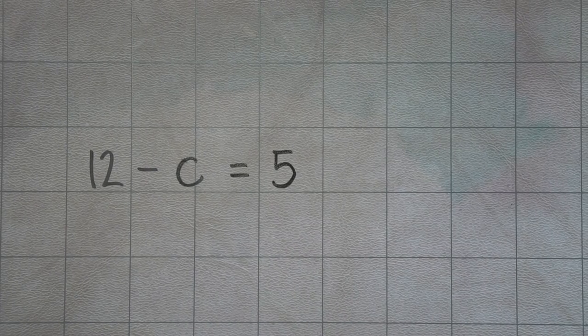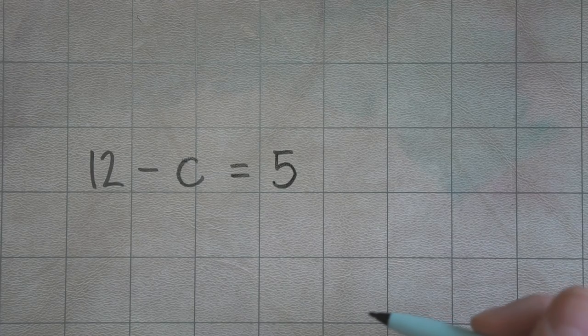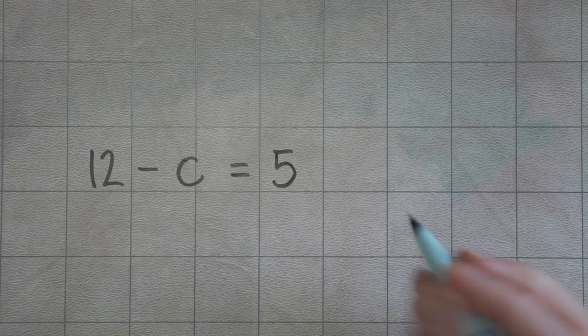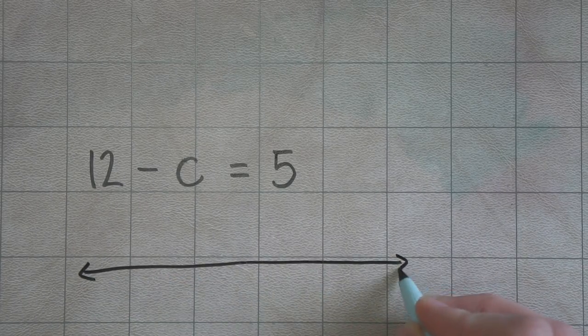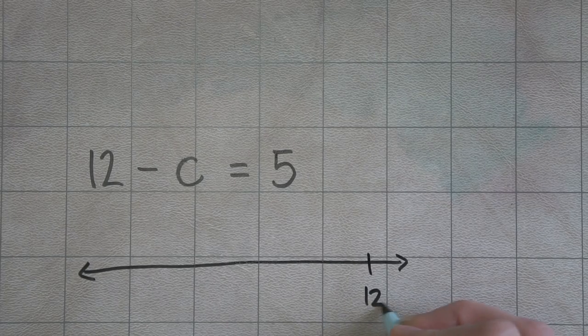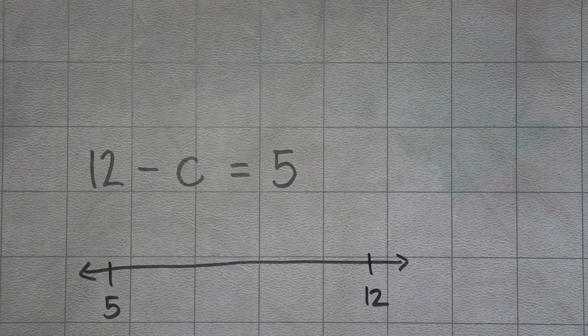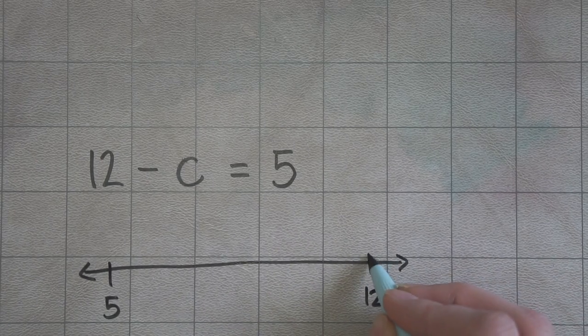All right, now that we have our plan equation, we can solve this one step by step, showing our thinking. Let's see. If there were 12 and I needed to get to 5, 12 toys at the beginning and 5 at the end, I could subtract back until I got there.